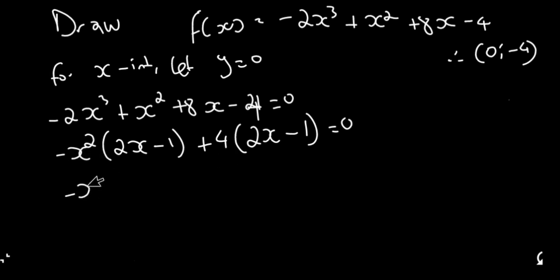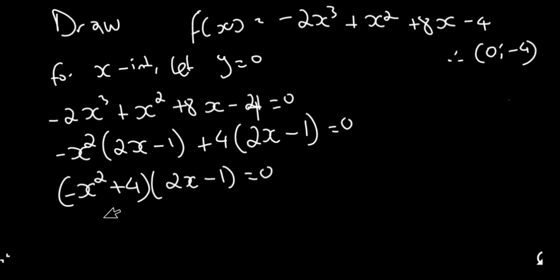It's going to be negative x squared plus 4 into 2x minus 1 is equal to 0. Now we could set up this bracket to be equal to 0, and also we could set up this bracket to be equal to 0.